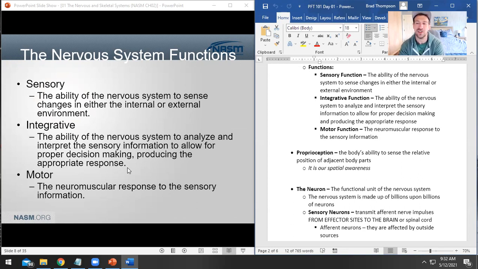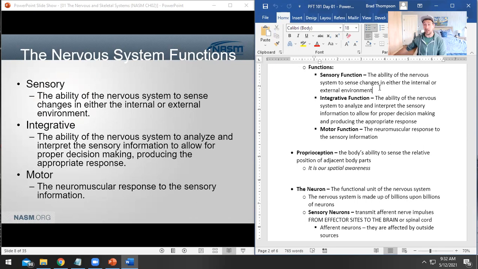Those three primary functions are going to be sensory function, which is the ability of the nervous system to sense changes in either the internal or the external environment. So your sensory function, like I said, is like stretch receptors in your stomach. It's like sensory receptors in your palm or in your muscles, right?